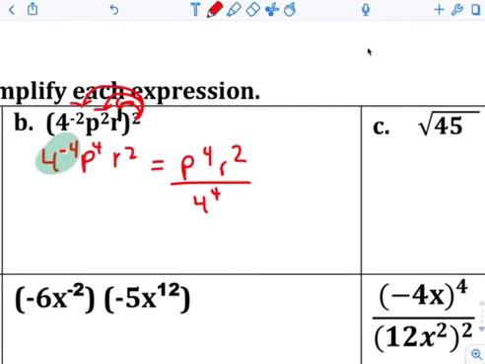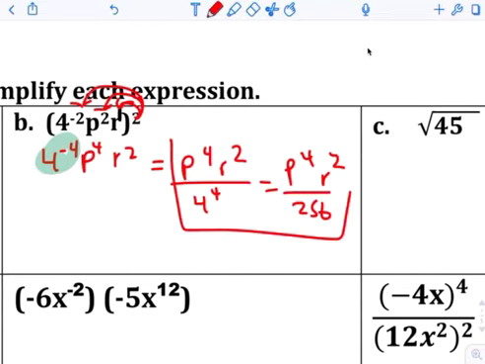Let's see, 15 times 15 is 225. I think it's 256. And that's the answer. Either one. If you want to leave it as this first answer, fine. If you don't want to go here.